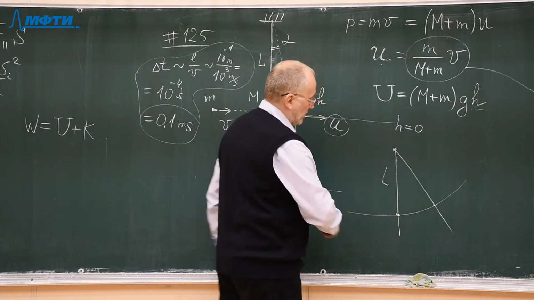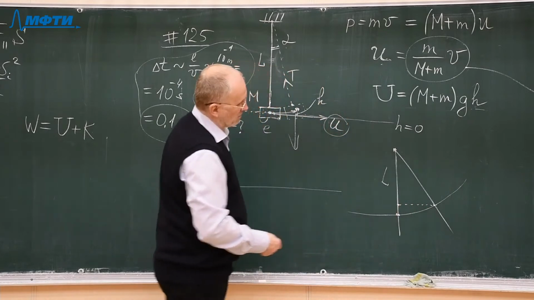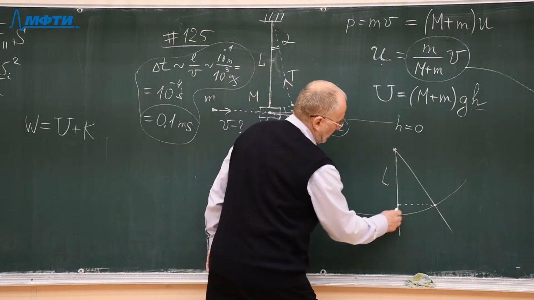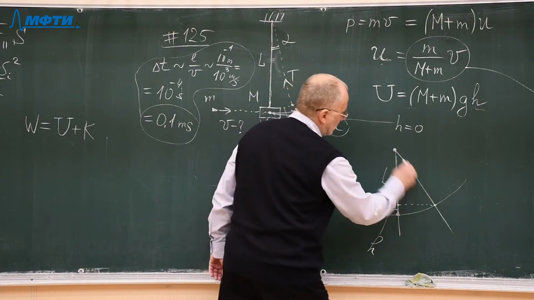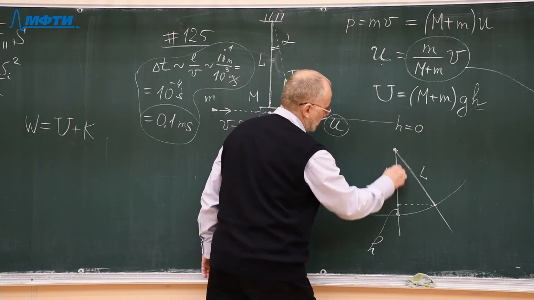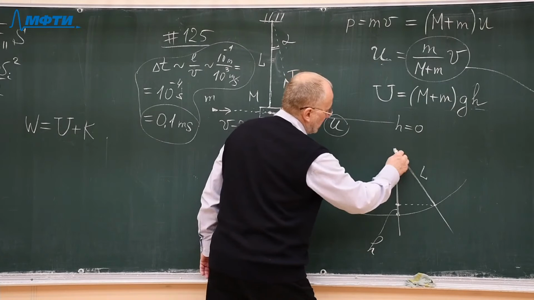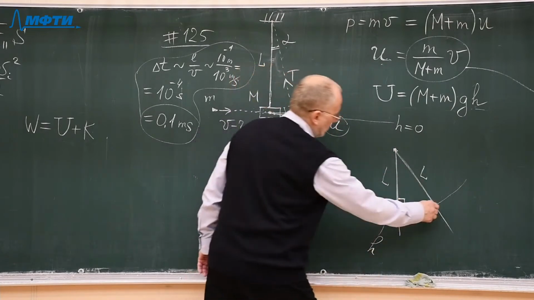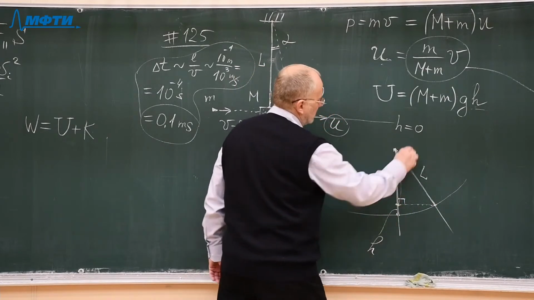So we draw a parallel line from some point in the circle, and we know that this section is h and this is L, the length of the string, the same as here. And so if we consider this right triangle with the right angle, in this right triangle we can find the leg adjacent to angle alpha.